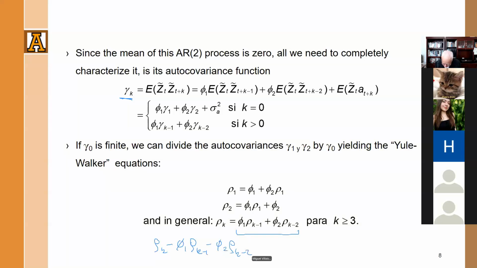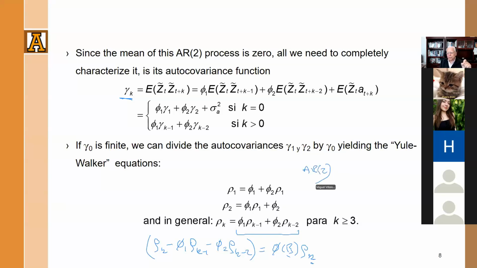Okay, if I put it all on one side, that's exactly the same thing as having the polynomial phi of B applied to rho sub k, where B is operating on the subindex k. So the autocorrelations will behave according to the AR2 model that we're talking about.